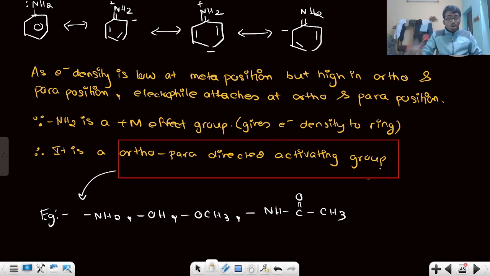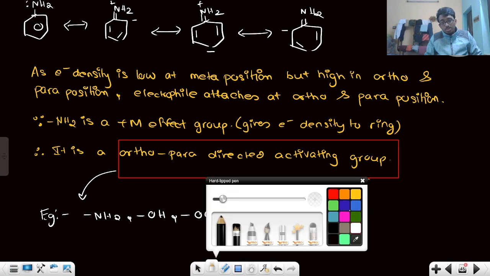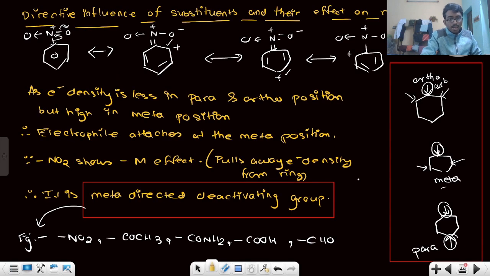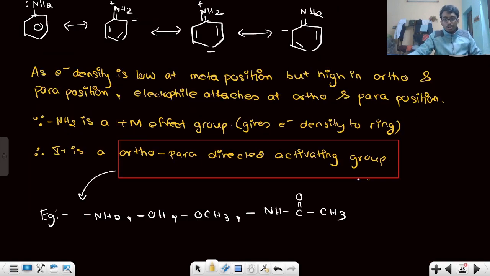These are all ortho para directed activating groups, because they all have lone pairs and they can give electron density. Now tell me, clear or not clear about this part and this part? I am giving the reason for everything because this is very important for you all to know. Done? Clear?